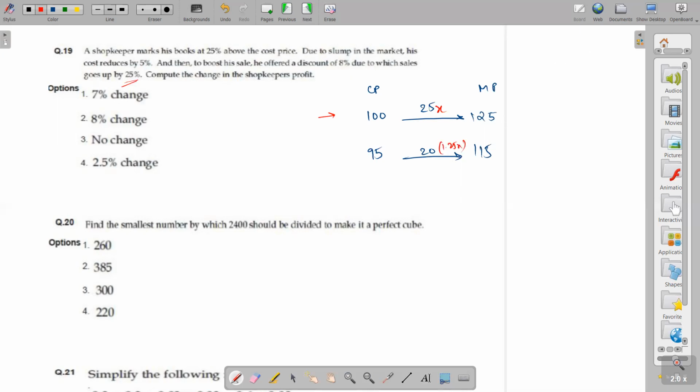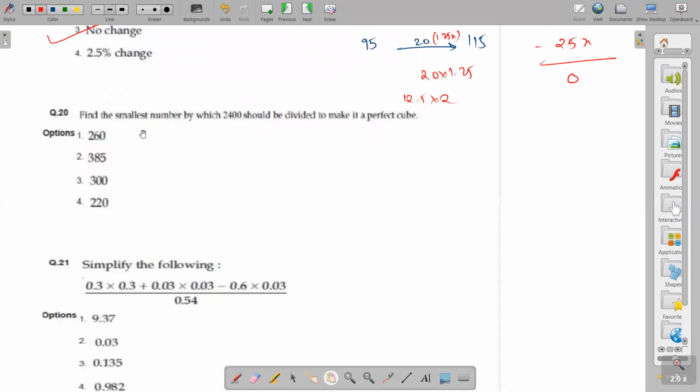So the profit over here is 25x, and over here is 20 into 1.25x. This is basically 12.5 into 2, again 25x. So the net profit change is 0, no change. Option C is the answer.